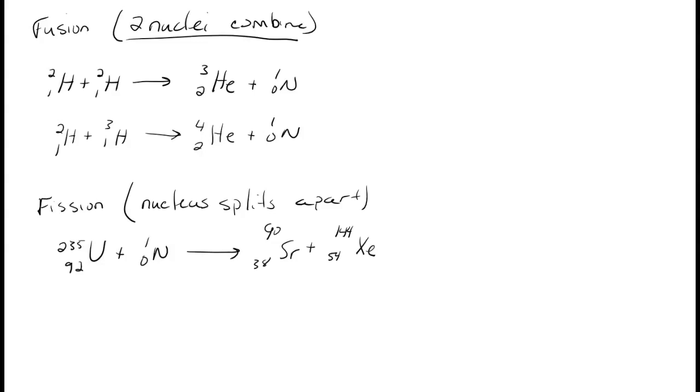Now, with nuclear fissions, we have additional neutrons that are formed, and these neutrons continue on to bombard other radioactive isotopes to cause other nuclear fissions to occur, and this is what we call the chain reaction. And in this case, if we add everything up across the top and across the bottom, we will learn that we actually form 2 additional neutrons to continue on the chain reaction.